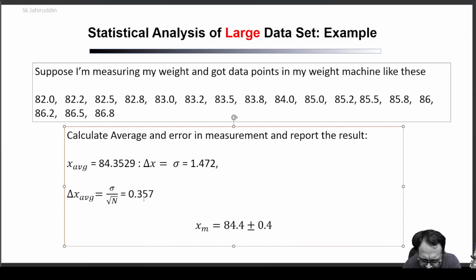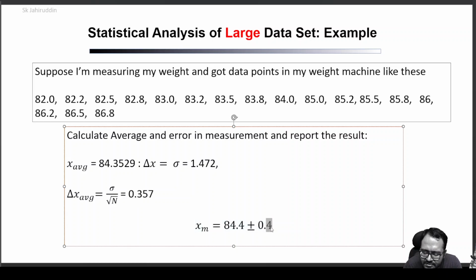But we don't report it as 0.357. We report it up to one significant digit, the first digit, after an approximation. So we report this not as 0.357, rather as 0.04.